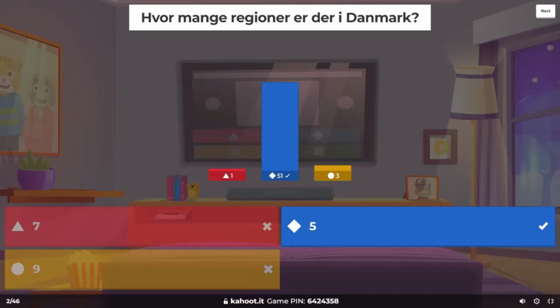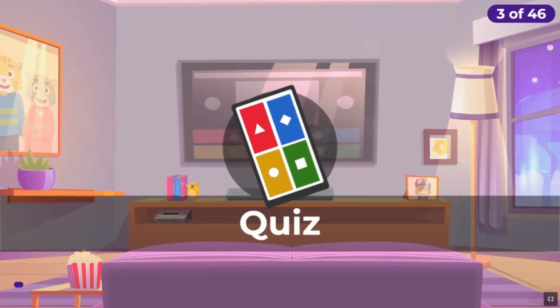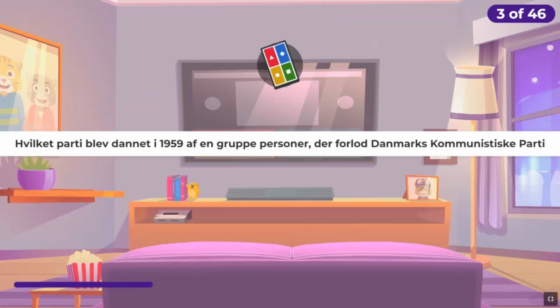There are 5 regions in Denmark. This is a frequently asked question, so it's one of the questions that you definitely need to know the answer to. All right, moving on to the next one. Also an FAQ.